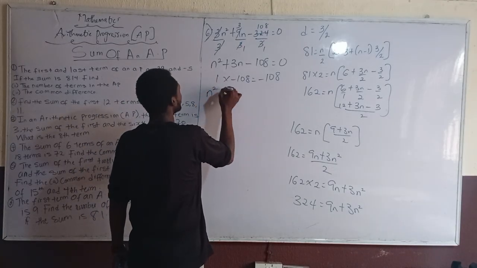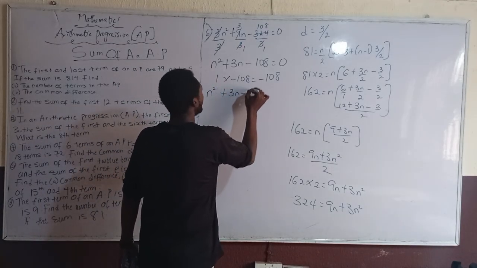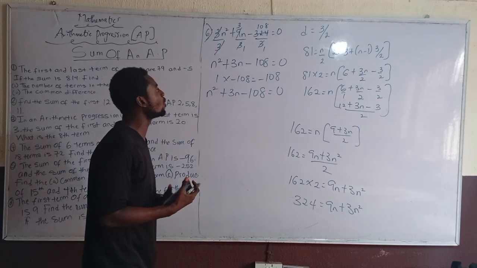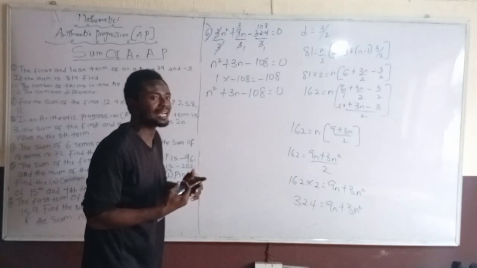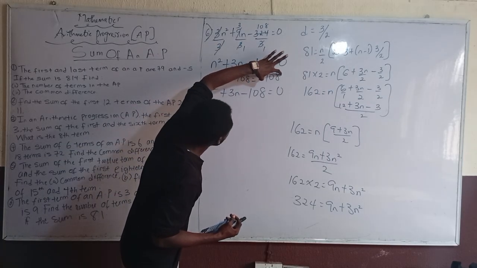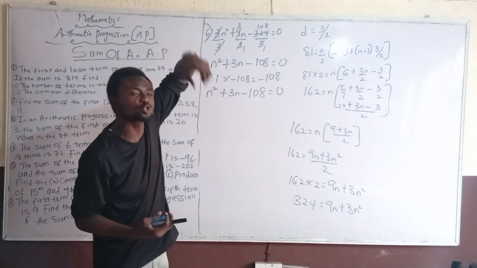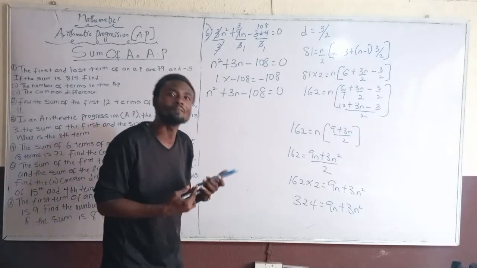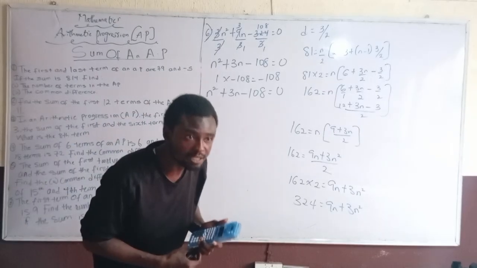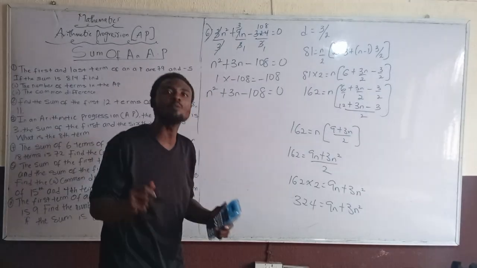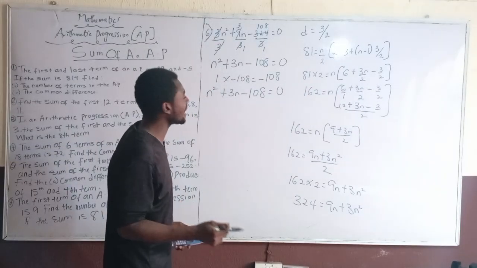N squared plus 3n minus 108 equals 0. Now, I will look for two numbers such that when I multiply them together, it gives me minus 108, and when I add and subtract, it gives me 3n. Those numbers are 12 and 9. 12 and 9 will give us 108 when you multiply.